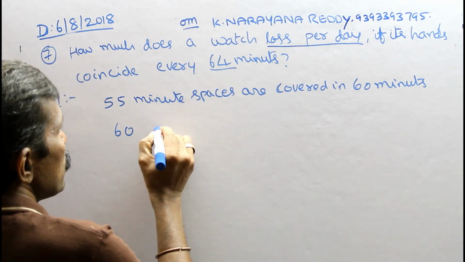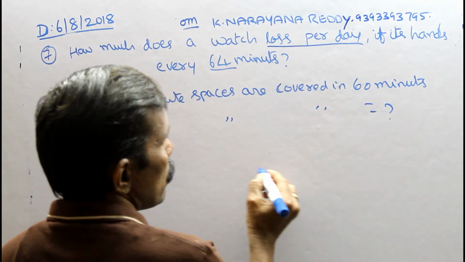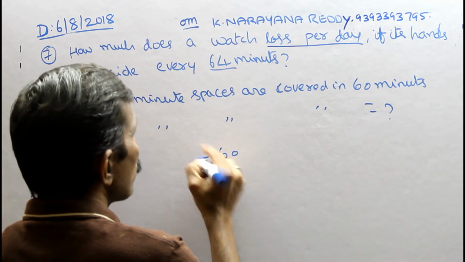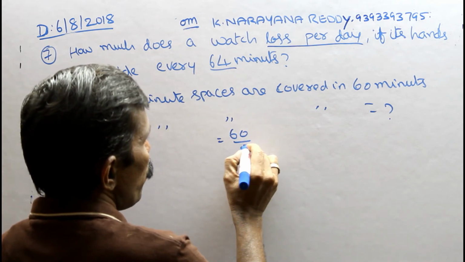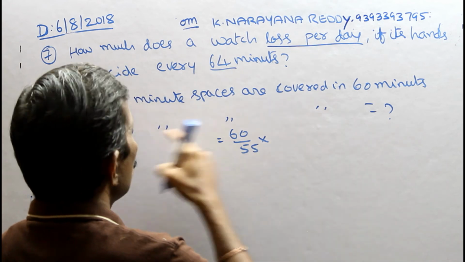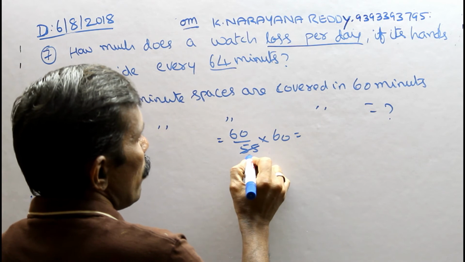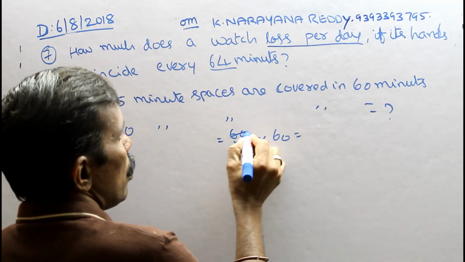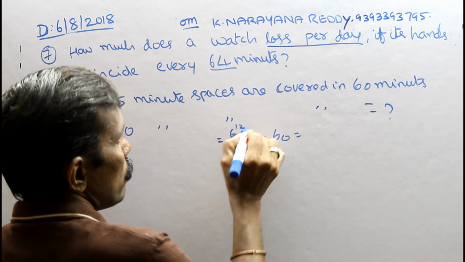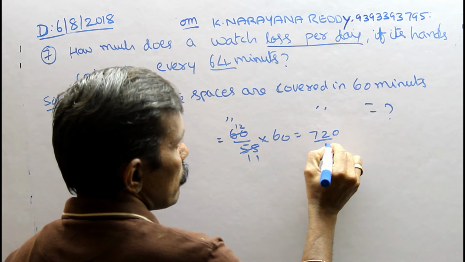60 minute spaces are covered in how many minutes? That means 60 by 55 into 60. That is 720 by 11.